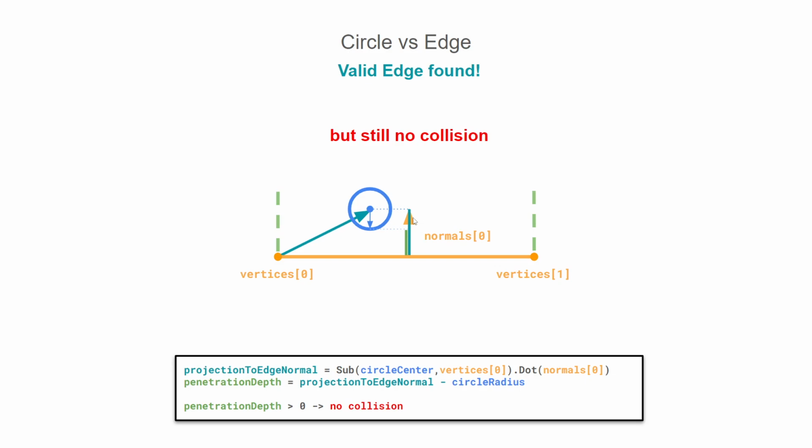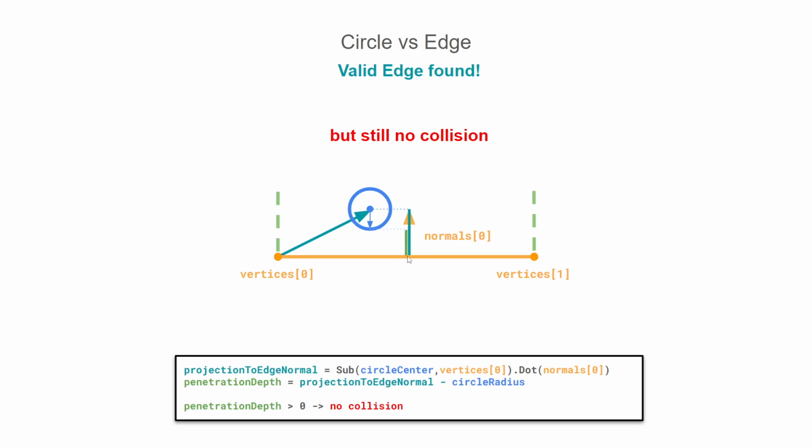And the value we get is this dark green line here. This is the projection. Here, it's the projection to edge normal. This is the value we get if we project this arrow to the normal.